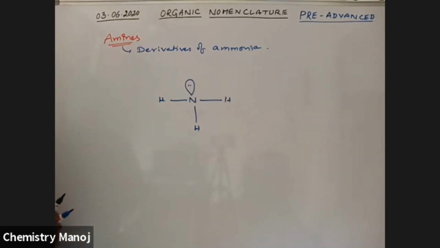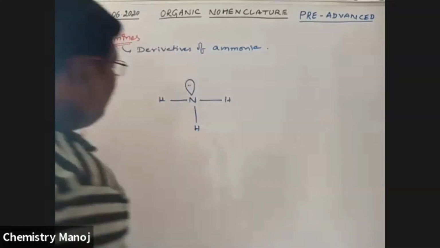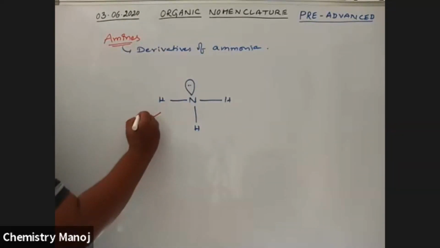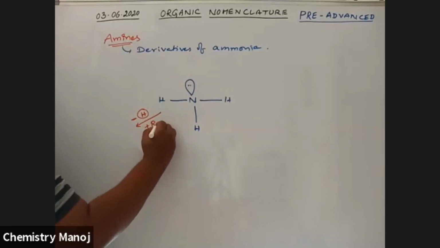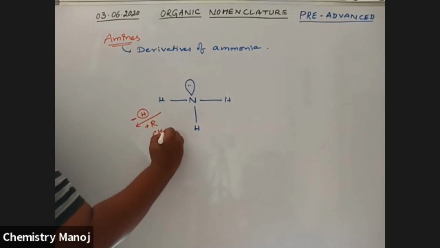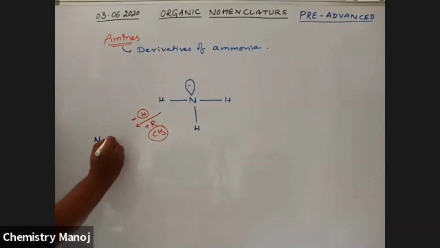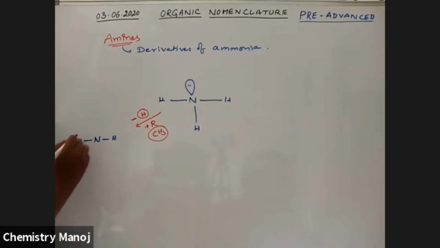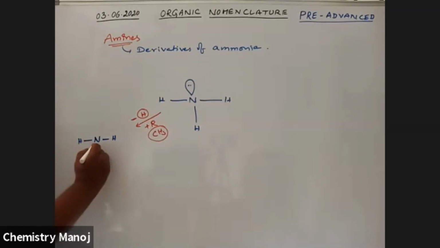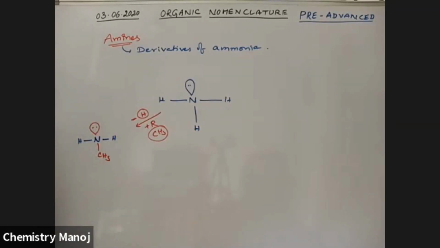Now see here, 1 hydrogen is removed and 1 alkyl group, let it be a CH3 group, a methyl group, is attached. So nitrogen with 2 hydrogens, but one CH3 is attached, with the usual lone pair.